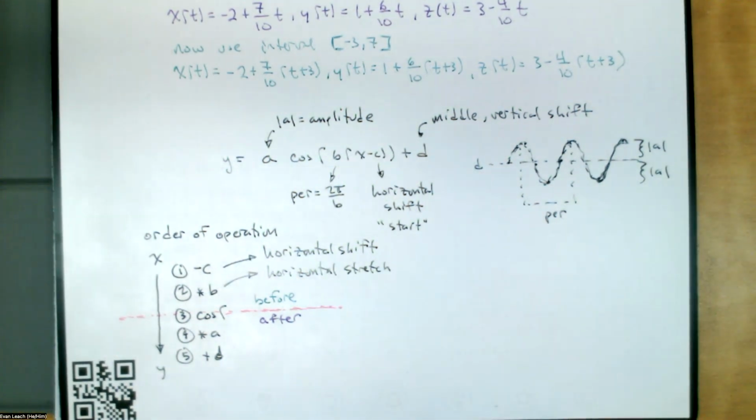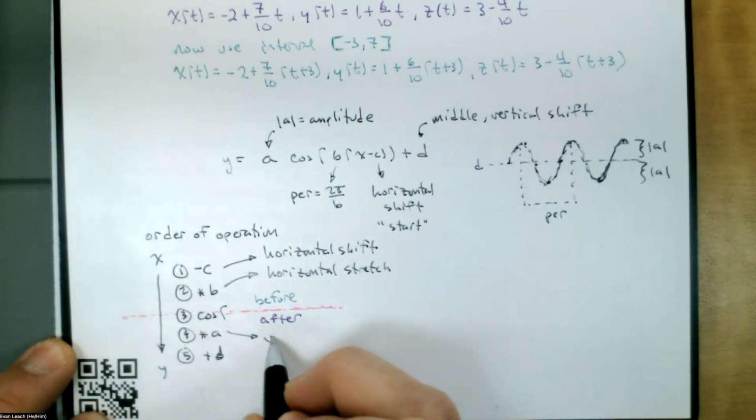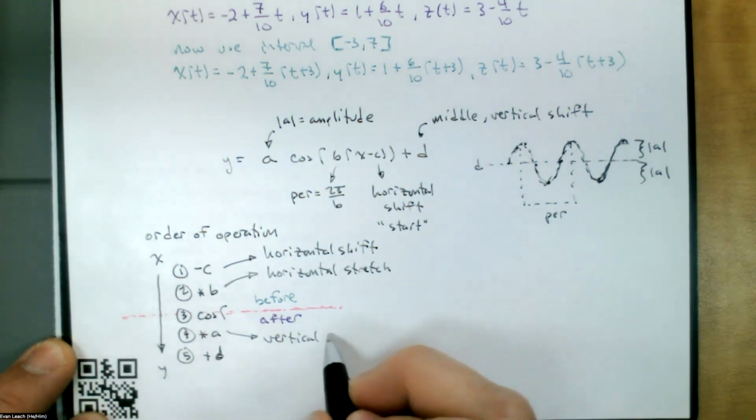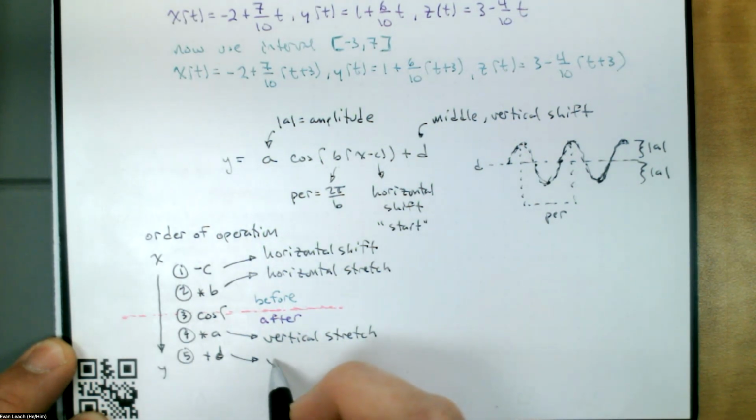Then the trig function happens. And we've got another multiplication and another addition. Multiplication by A produces a vertical stretch. And adding D produces a vertical shift.